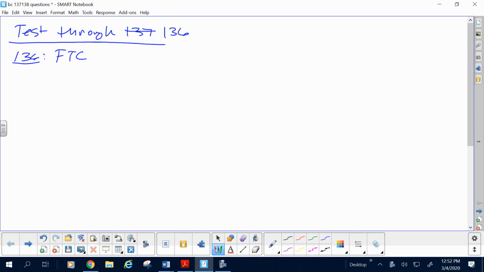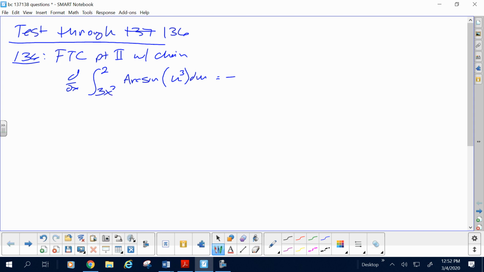Fundamental theorem part 2 with chain. So for example, if I say what's the derivative with respect to x of 3x squared to 2 of arc sine of u cubed u, you would say the answer is negative.